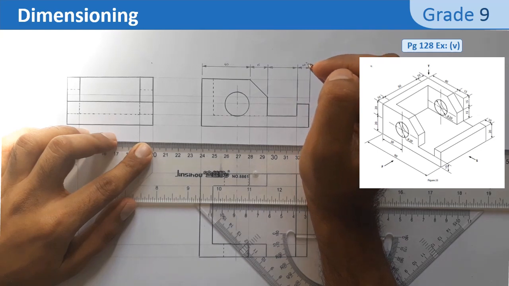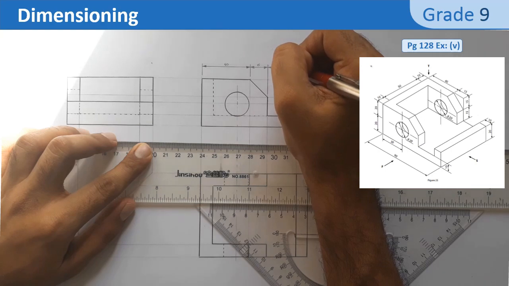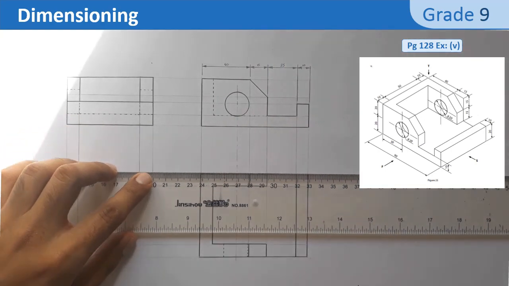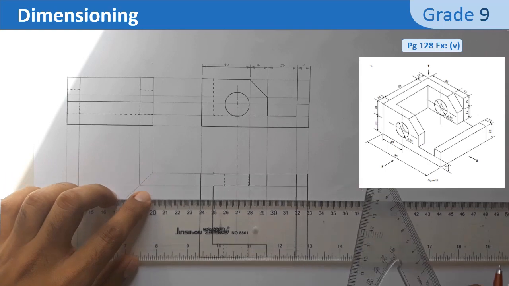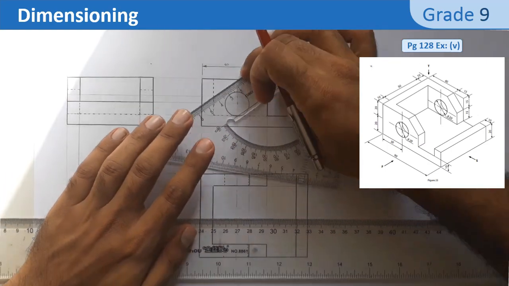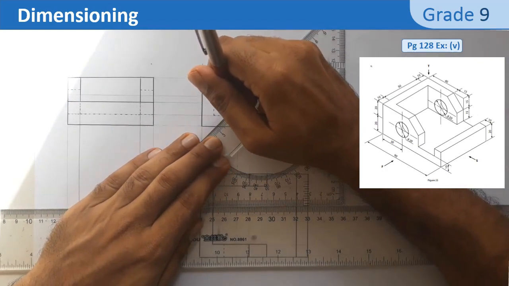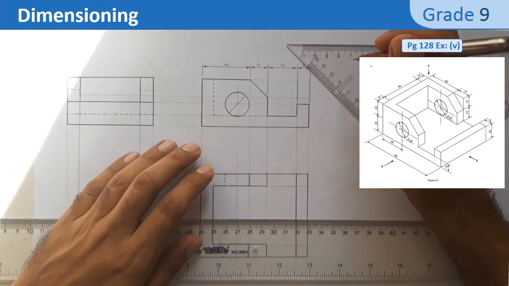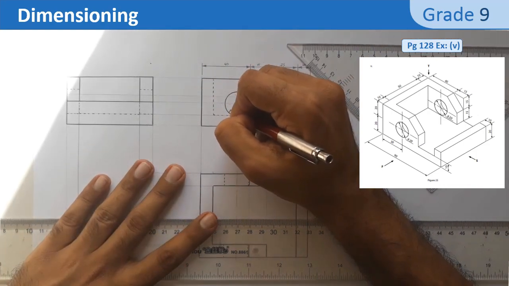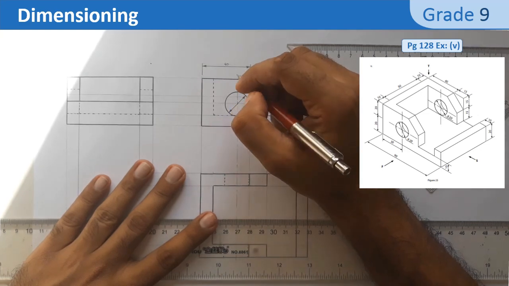You may notice that we don't write the unit millimeter, we just write the number. So here is the diameter of the circle, a line inclined at 45 degrees.